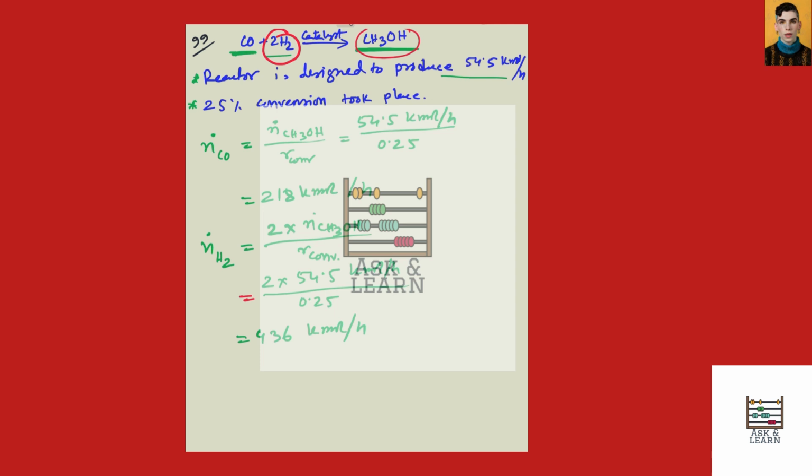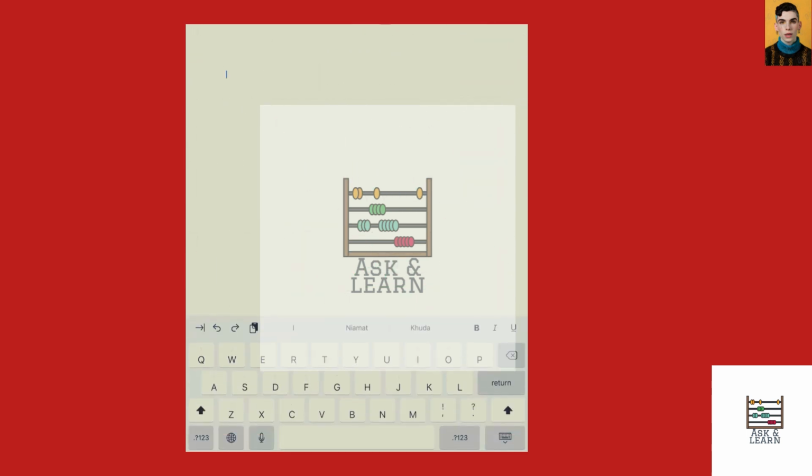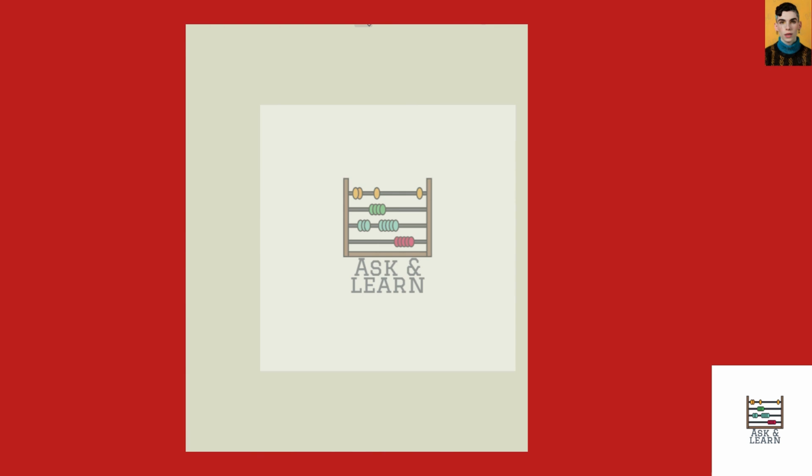So 218 kmol per hour of carbon monoxide and 436 kmol per hour of hydrogen were fed into the reactor. Therefore, the total amount of gas fed is 218 plus 436 kmol per hour, or 654 kmol per hour.